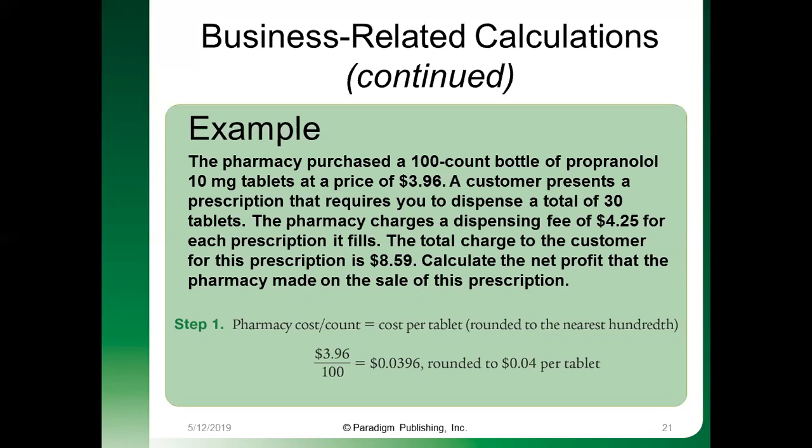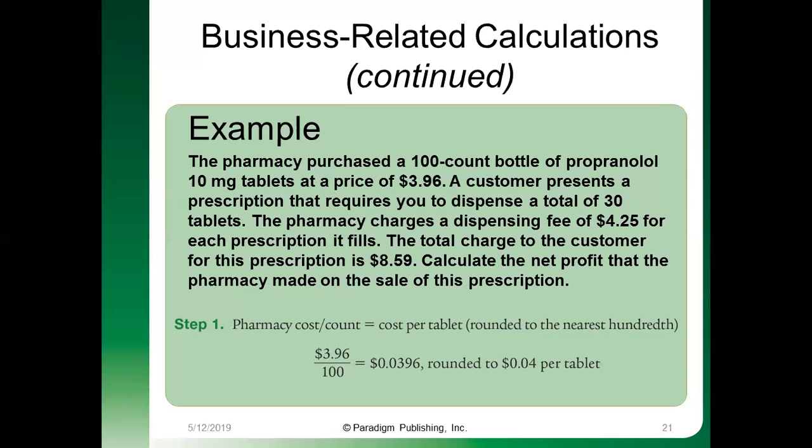So first, we're going to have to calculate the pharmacy cost by dividing by the count, so we can get the cost per tablet. If it costs us $3.96 for 100, we're going to divide that to find out the price per tablet. So we get 0.0396, rounded to 0.04 per tablet.